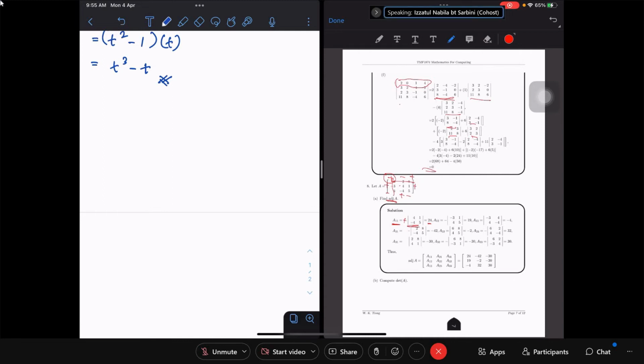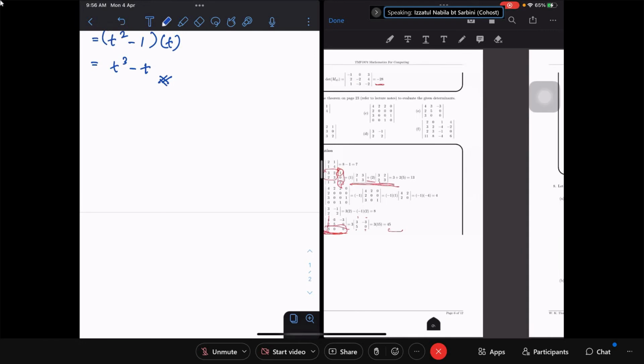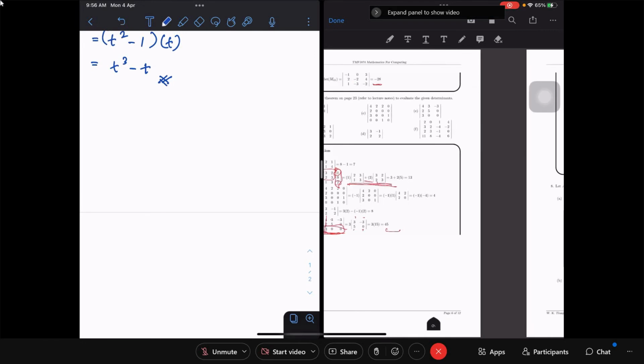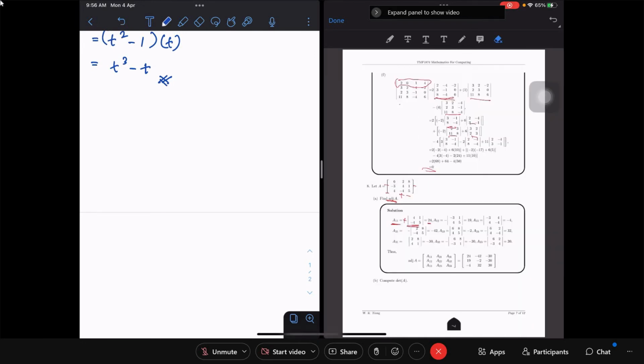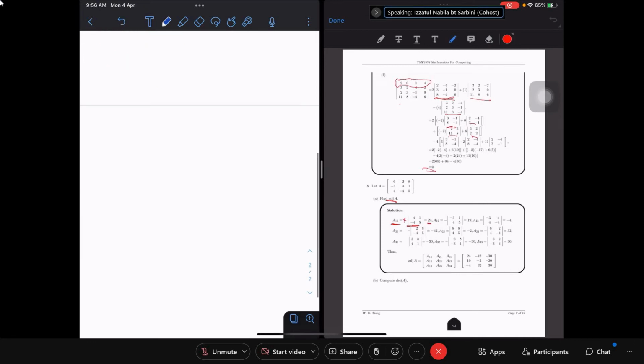Okay. And A12 means that you have to cover the first row and the second column. So you have to know the position. If it's 3 by 3, it's positive, negative, positive, negative, positive, negative, positive, negative, positive.